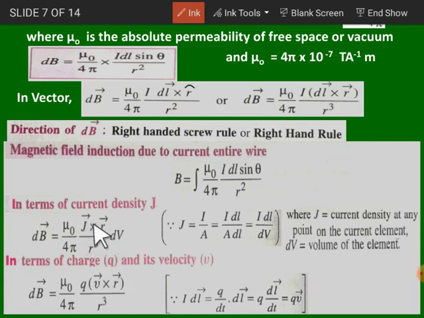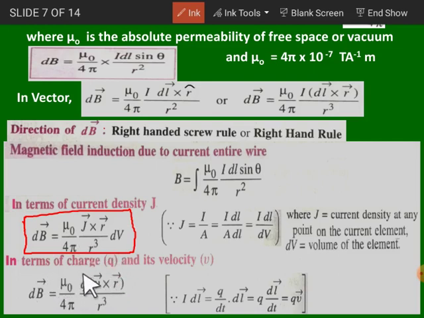So J cross r vector divided by r cube into dV. Mu naught by 4 pi will be there. Got it? So this is the expression for dB, the magnetic field, in terms of the current density J. Here you can also find out both the magnitude as well as the direction.